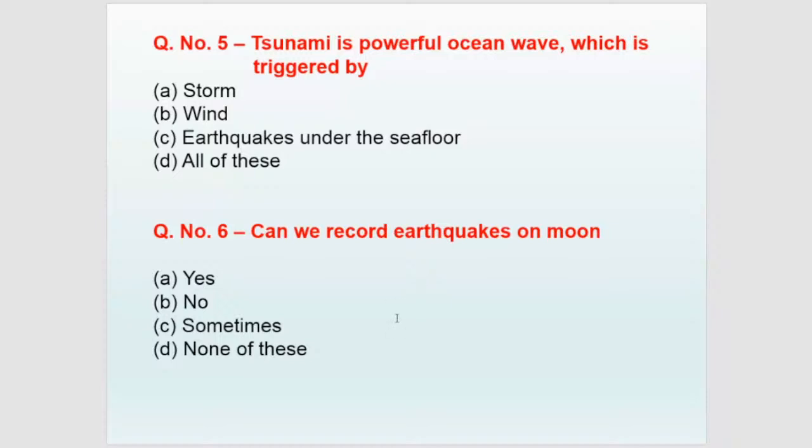It is no, because an earthquake is a phenomenon related to Earth. If any quake occurs on the moon, it is known as a moonquake. These moonquakes are not because of plate tectonics; they are mostly because of meteoritic impacts on the moon. So we cannot record earthquakes on the moon, because whatever quakes are there are known as moonquakes. That was a trick question, but a very interesting one.